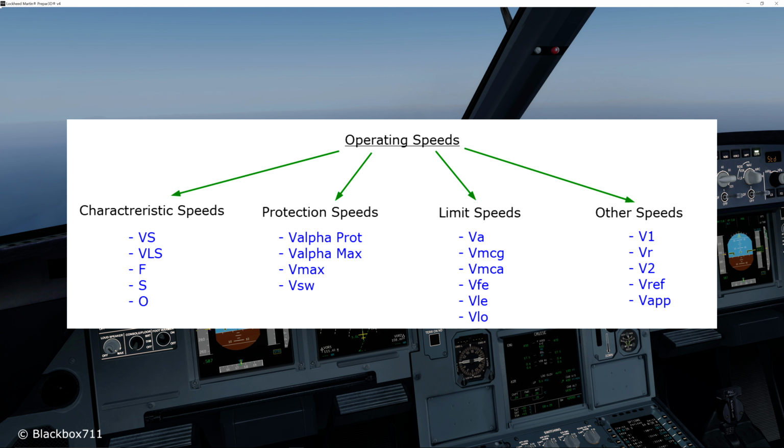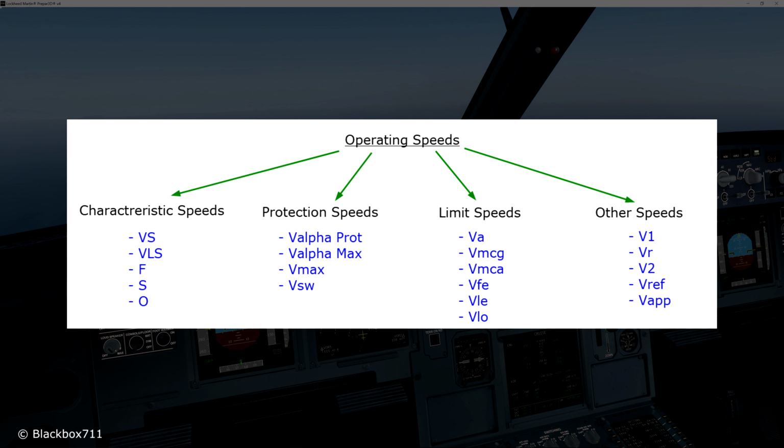So let's look at those speeds in more detail, and we'll start off with the so-called characteristic speeds.